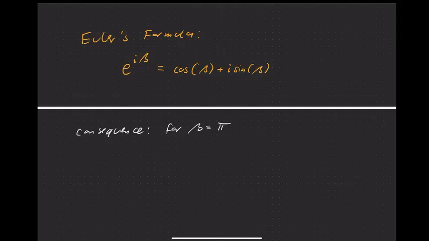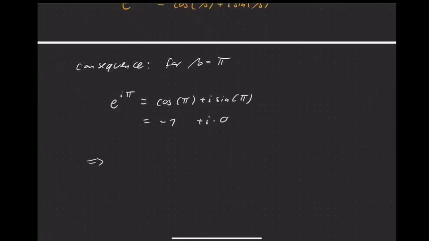Well, what that formula tells us is e to the i pi is then the same thing as the cosine of pi plus i times the sine of pi. And of course we know what cosine and sine of pi are, right? So the cosine of pi is -1 and the sine of pi is 0, so that is -1.